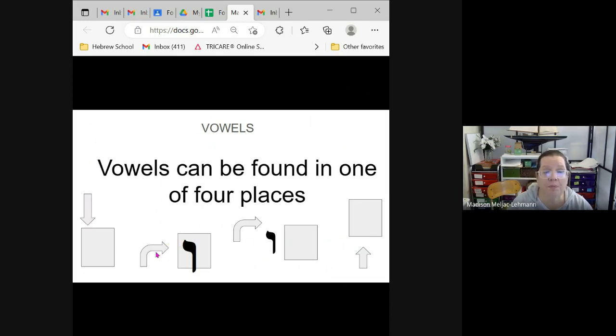There also could be one in the middle of a vav right here, or in the middle of a letter. And in the specific case of a vav, there could be a vowel right above here. Say we'd have a mem here, we have a vav here, there could be a vowel there, a vowel there.